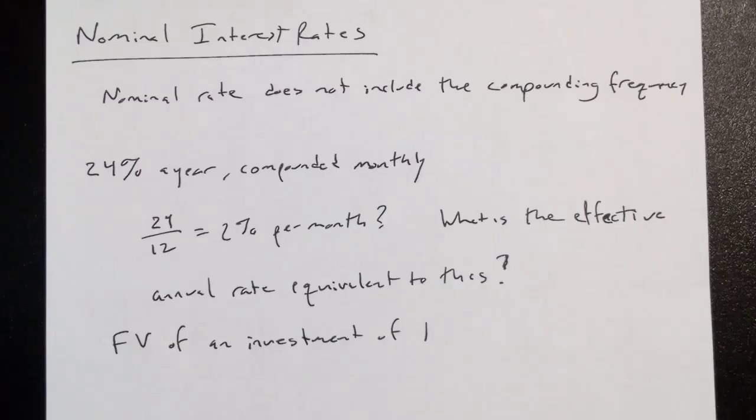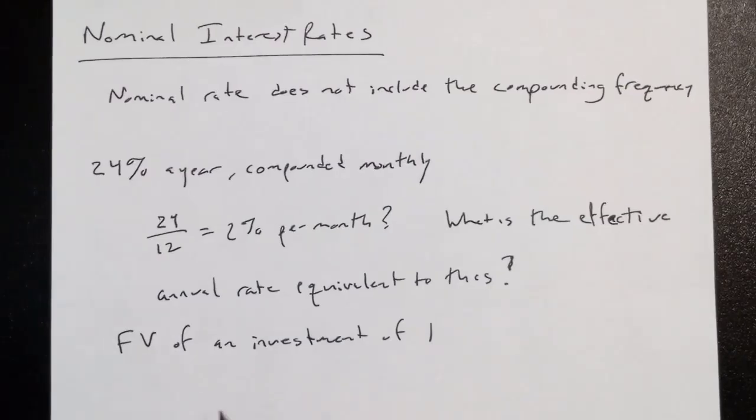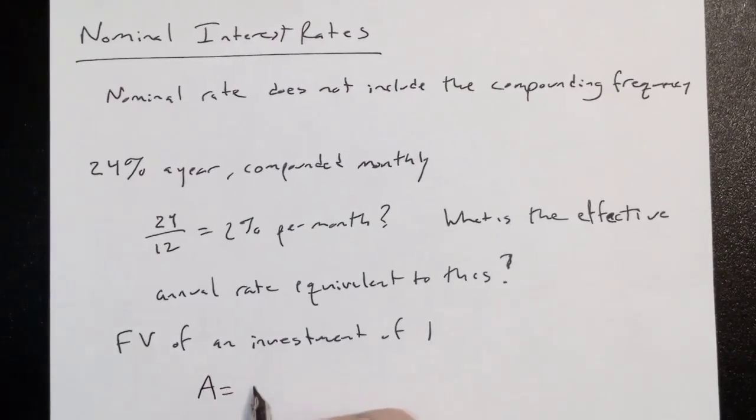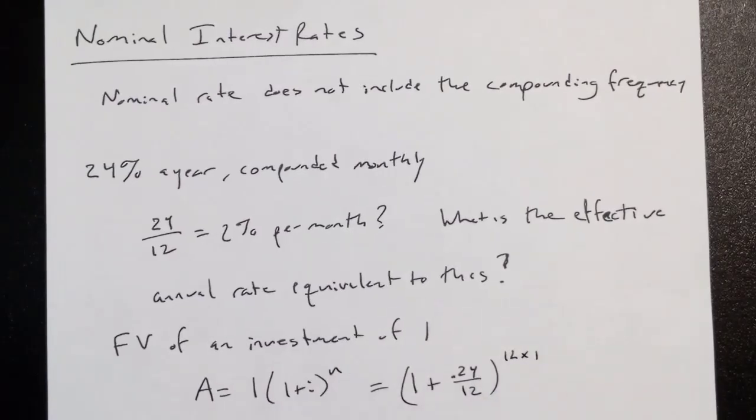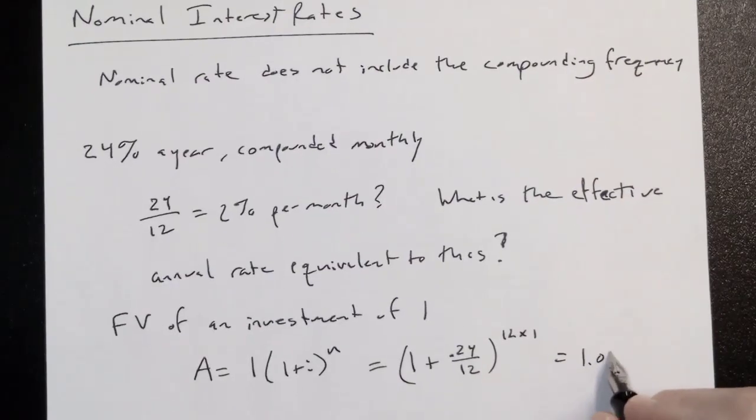One goes way to the, well, exactly. I have an interest rate of 2%, a period of 0.24 over 12. I'm going to go for 1 year's worth of periods. That's 12 periods, 1 year. So I get 1.02 to the 12th.